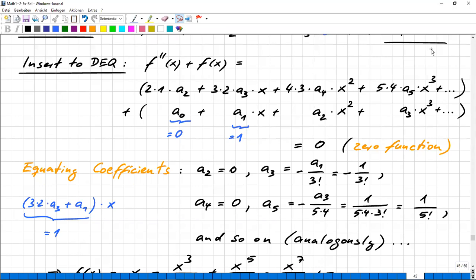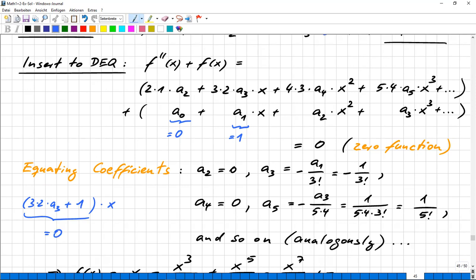So that was a little mistake just by myself. Very silly mistake. Of course, a1 equals 1. But as I said before, all the coefficients of this series must be 0. So it means replacing this a1 by 1, the whole coefficient must be 0.